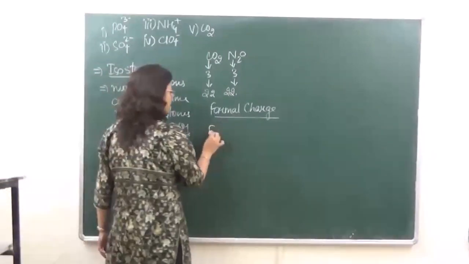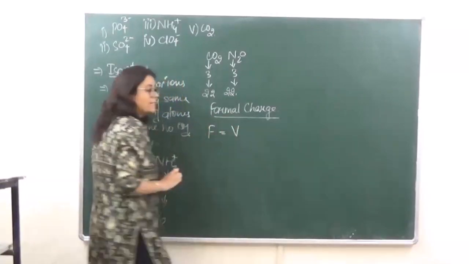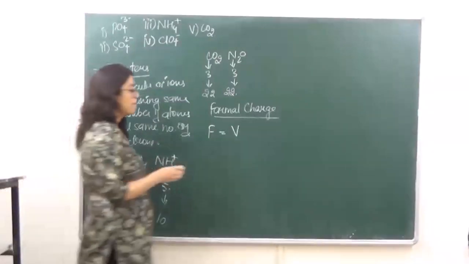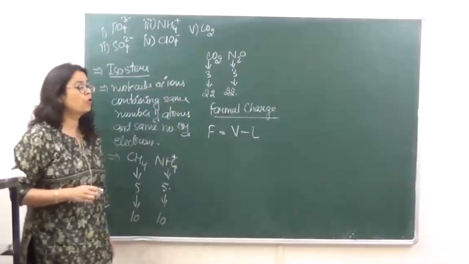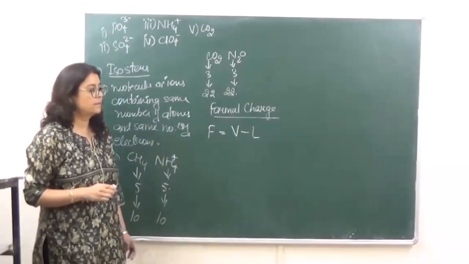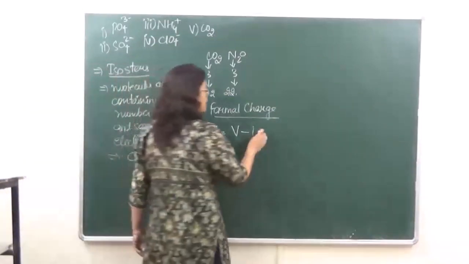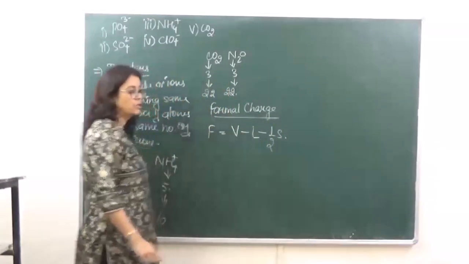Formal charge is equal to total number of valence electrons, minus number of lone pair of electrons which is present in the molecule, minus half of shared pair of electrons.